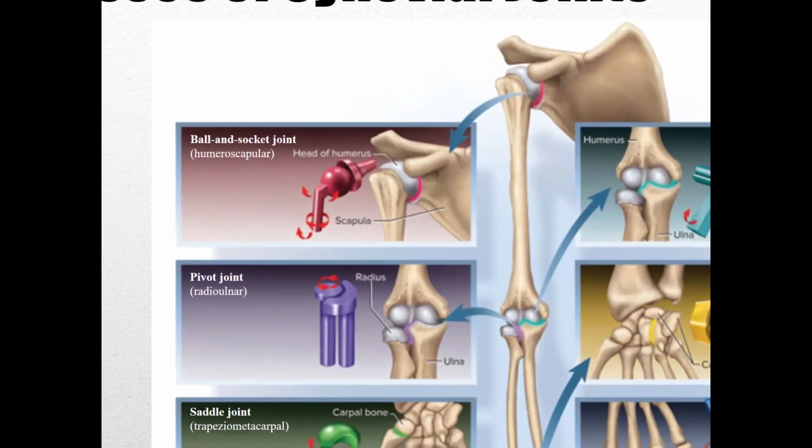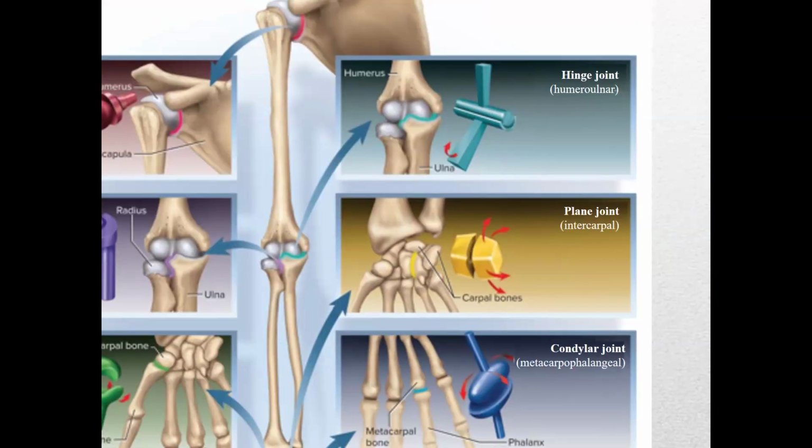Ball and socket, shoulder and hip. Pivot for radius and ulna, C1, C2. Hinge for elbow, knee, fingers and toes. And then gliding would be the wrists and ankle bones as they glide across each other. And one last one: these facet joints of the spine are also gliding because they're flat.